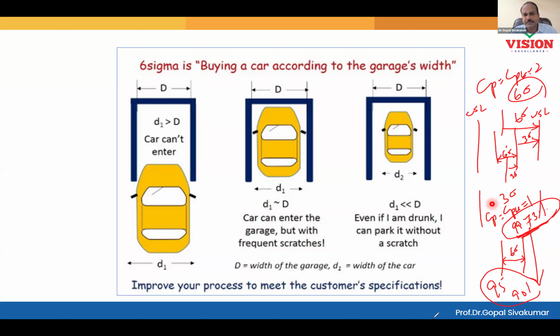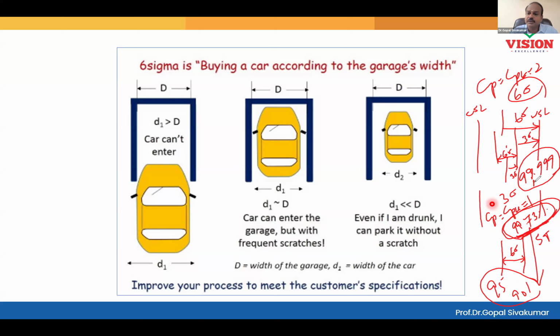That is why Cpk are considered short-term measures of capability. Right? So what I'm trying to say is this 99.73 is a short-term capability. But when it comes to the 6 sigma, here we say the success rate is 99.999.